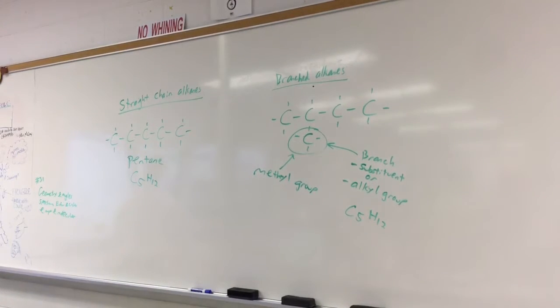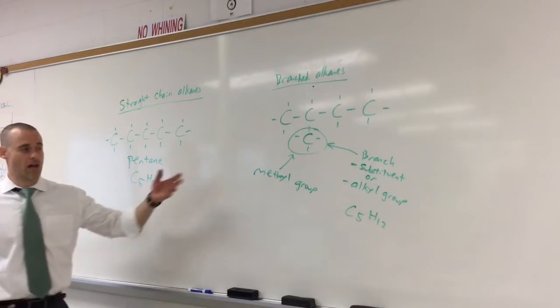So if you took this branch off and put it at the end here, then it would be pentane, right? But it's not pentane because this branch is here. You can see these four are in a line, and then this one's sticking off. Again, that's the branch. Here's how we name this.